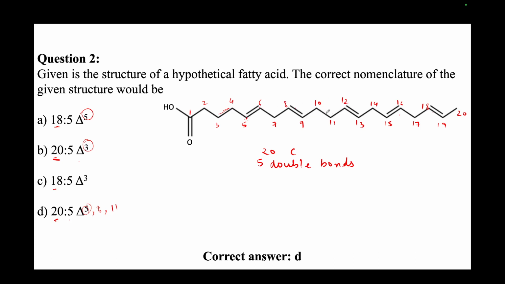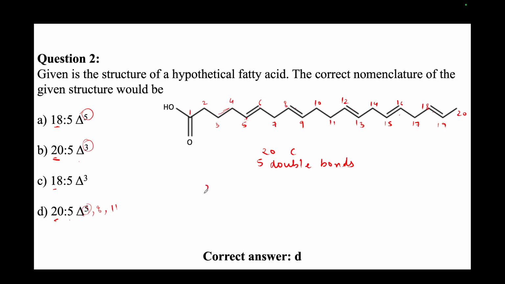This is a hypothetical structure. If you see an actual fatty acid which has double bonds, they are generally separated by 3 carbons. Basically the starting number, from which carbon the double bond is starting, is mentioned after the delta.